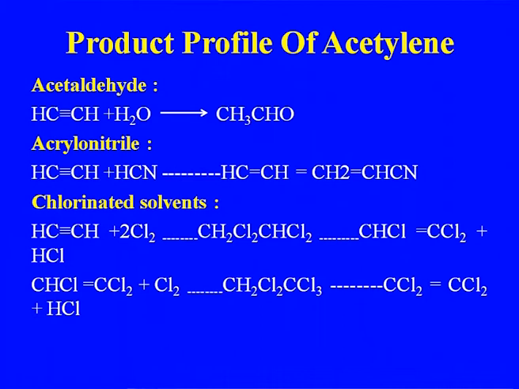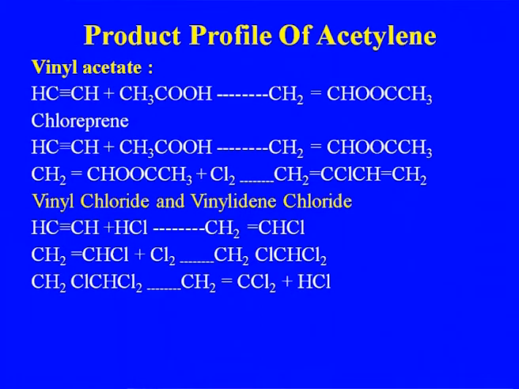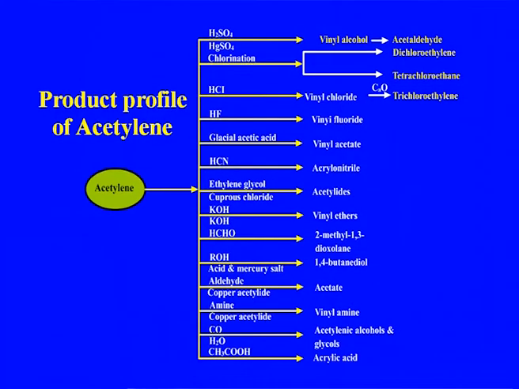Chlorinated solvents, vinyl acetate, vinyl chloride. Vinyl chloride, as I told you, is being used for the manufacture of polyvinyl chloride. So, that was the route available. This is a long list, and I have already discussed the various uses of acetylene.